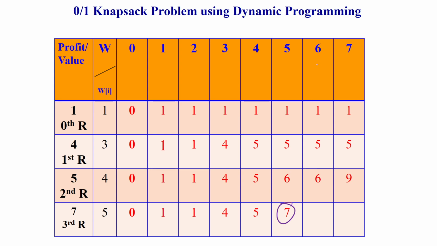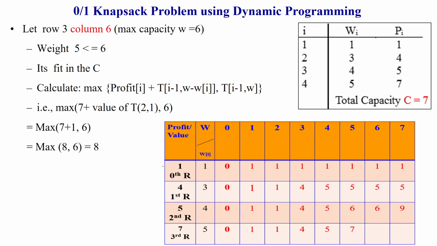Okay, then when you go to the next column, maximum weight is 6, current product's weight is 5, so it can be selected. Then apply that formula. Current product's profit is 7, then current row is 3 minus 1, 2, w is here 6, 6 minus current product's weight 5 is 1.